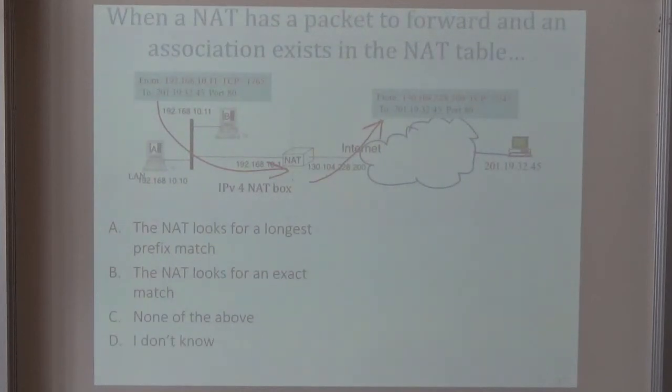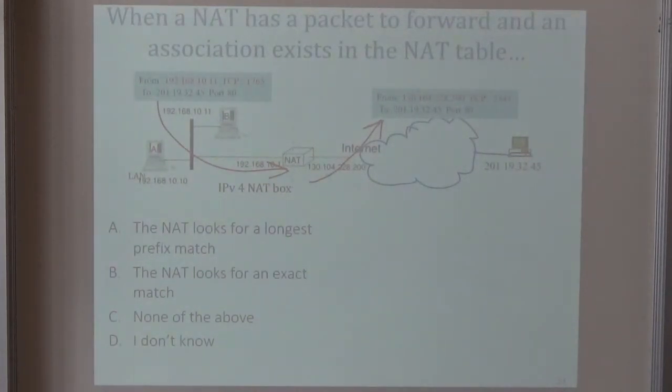So that's a very different way of performing the match than in an IP router. That will tell us that the NAT solution is not very scalable. It works well for a relatively small set of machines that are in the private network.